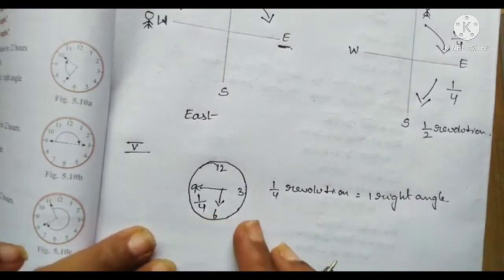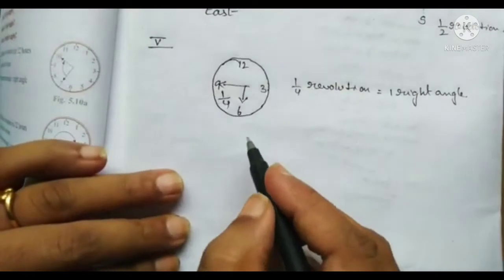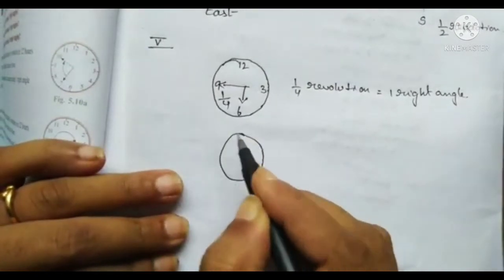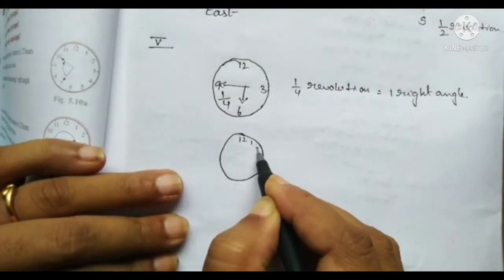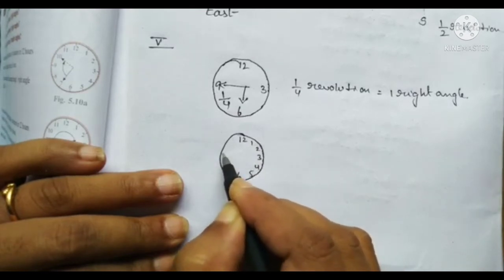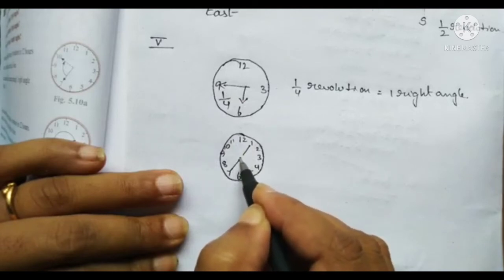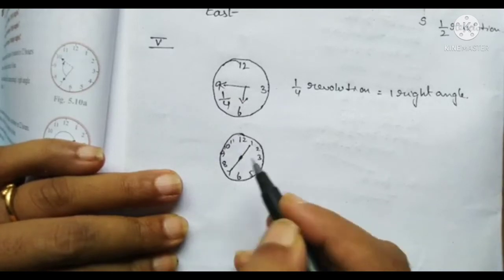So how many right angles are there? 1 right angle. In question number 2, 1 to 7: 12, 1, 2, 3, 4, 5, 6, 7, 8, 9, 10, 11.